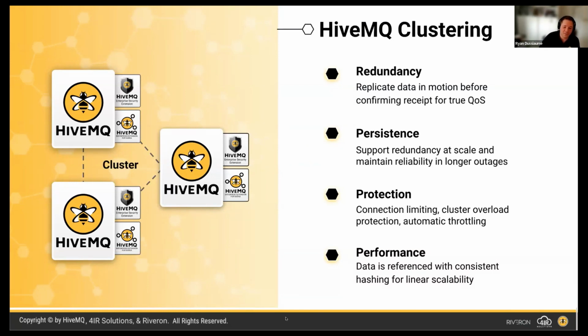There are special aspects of the platform that enable this to happen, and that's in particular the fact that data is referenced with a consistent hashing between cluster nodes. So as your cluster scales and grows, you continue to have the same reaction time on every single request that comes into the cluster. So at the end of the day, these are all the aspects of HiveMQ that go back to supporting that reliable real-time data backbone for Industry 4.0.